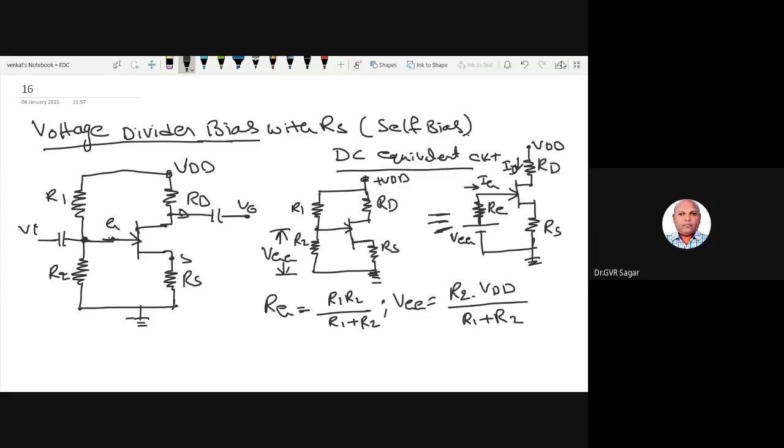This voltage is called VS, and drain to source is VDS. The current flowing through RD is ID, and the same current ID is flowing here also, right?